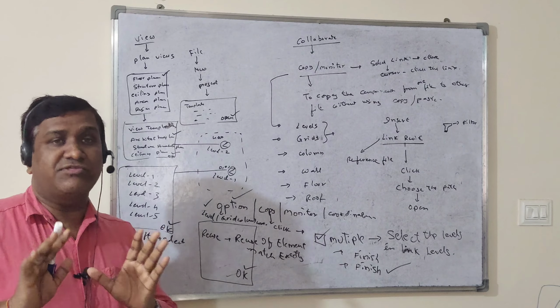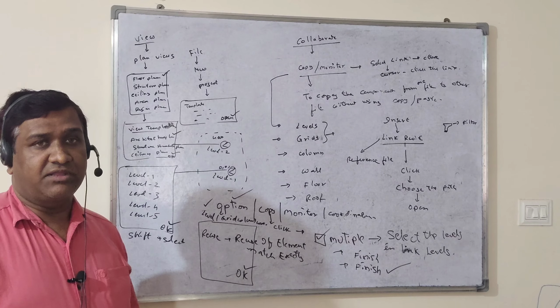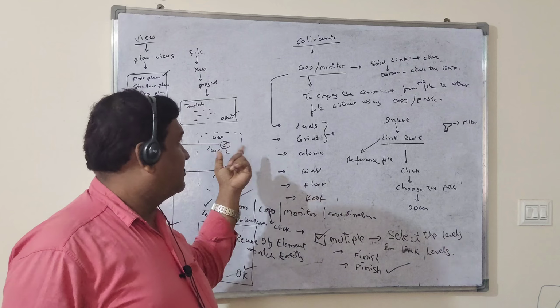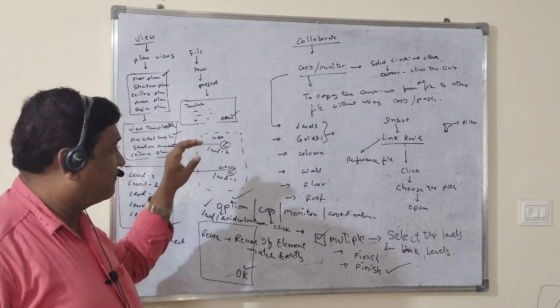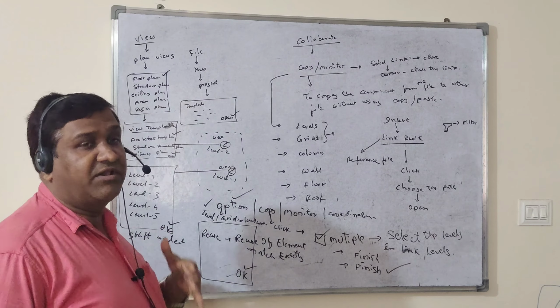With the help of templates only, all these views are going to be assigned in the project browser. So this way we have to work, and like the levels and grids copy monitor, in the same way we have to work. After completion of the levels copy monitor, your floor plan will come.